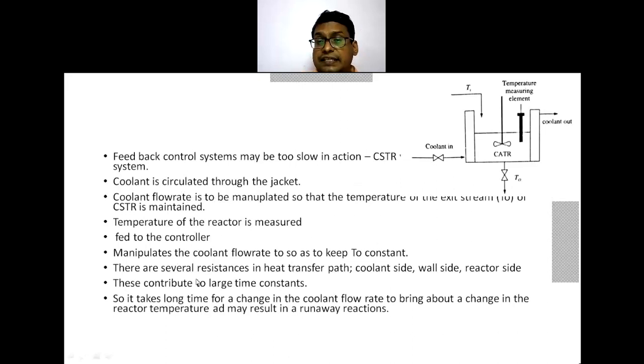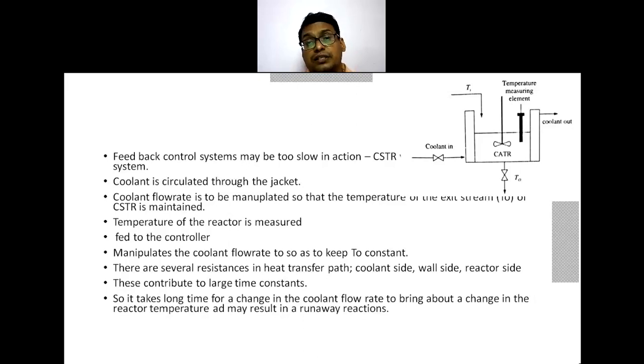There are several resistances in the heat transfer path: the liquid film heat transfer coefficient, the film coefficient on the coolant side, then the resistance because of the metal wall, and the fouling resistances. All these different resistances contribute to the delay in the response.